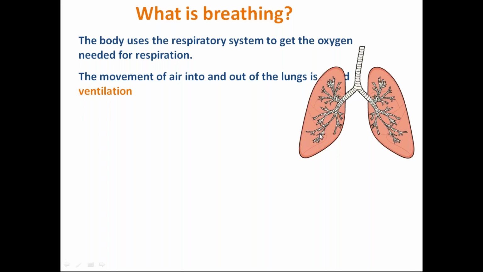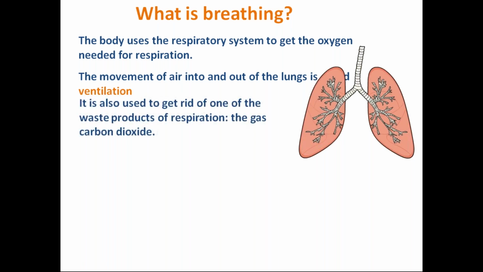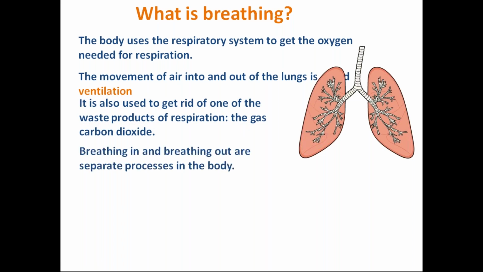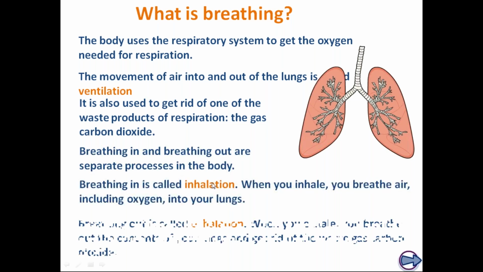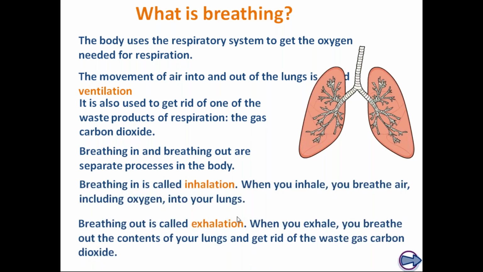So the air goes in and it goes out. This process is known as ventilation. The movement of air into the lung and out of the lung is known as ventilation. Breathing in and breathing out are two separate processes. We are going to call breathing in inhalation and breathing out exhalation.